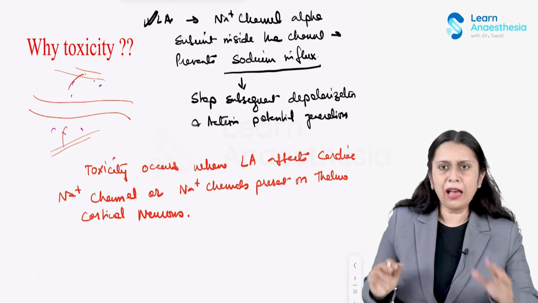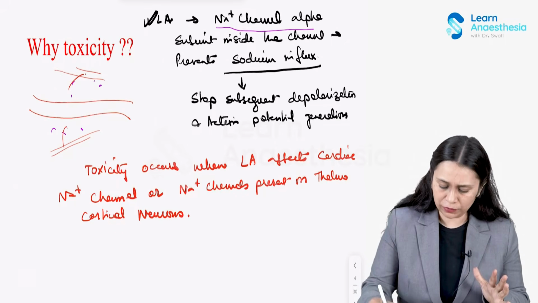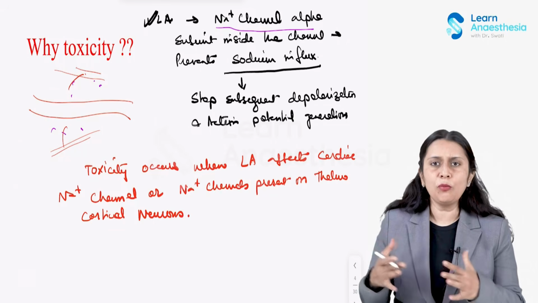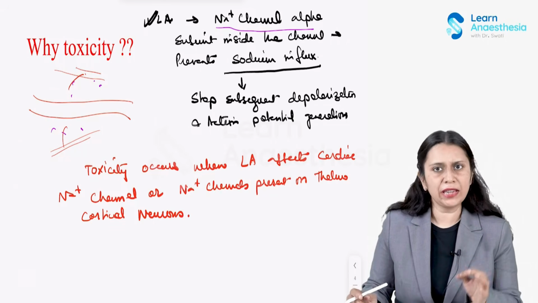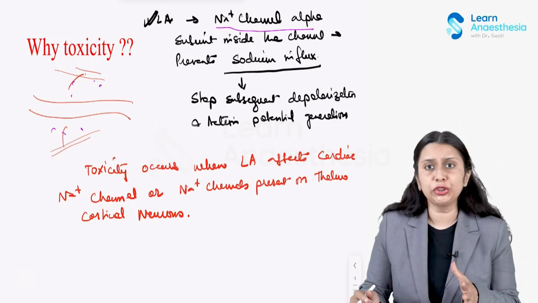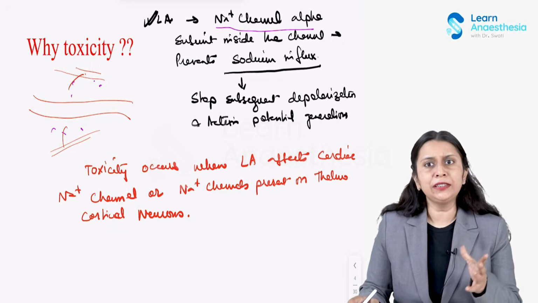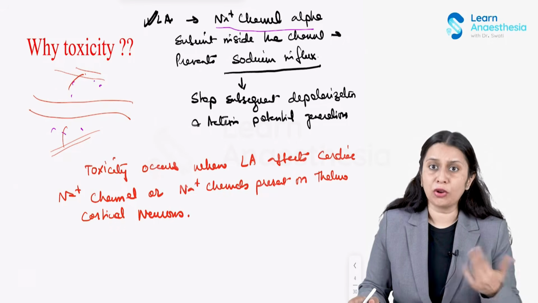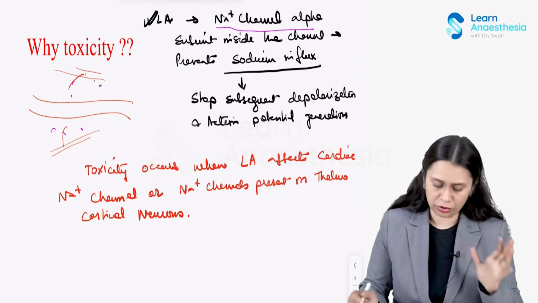Now this is the primary mode of action on the sodium channel. It blocks the sodium channel. Now local anesthetic can also bind to other channels like the potassium channel, calcium channel, NMDA receptor, cholinergic receptor, and can also affect cellular metabolism, and they may contribute to the toxicity, especially the cardiac toxicity.